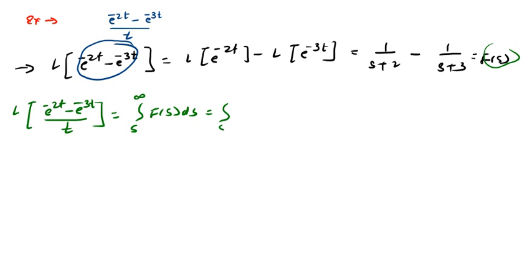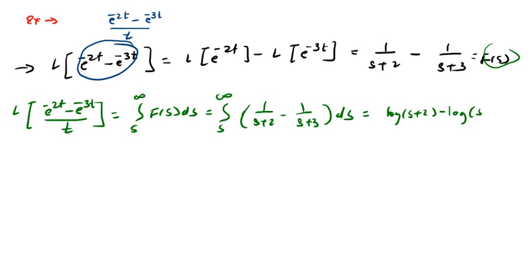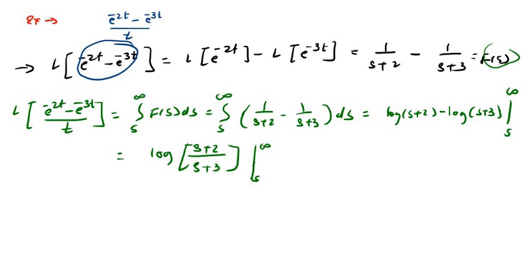F of s is 1 upon s plus 2 minus 1 upon s plus 3, ds. The integration of this will be log of s plus 2 minus log of s plus 3, under the limit s to infinity. By the logarithmic rule, this equals log of s plus 2 upon s plus 3 under the limit s to infinity.